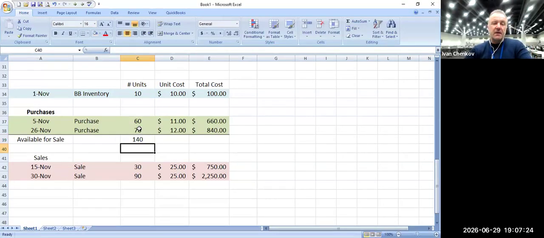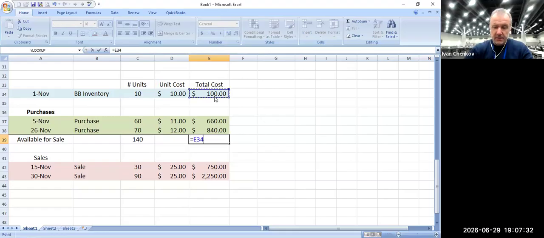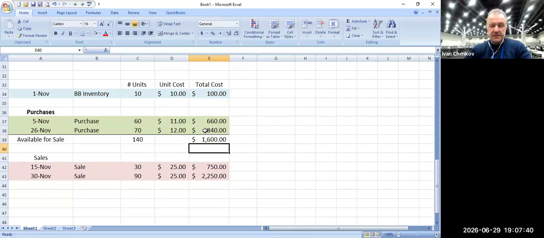In total, I have 140 units available for sale, which comes with a different cost, but my total cost is 100 plus 660 plus $840. In total is $1,600.